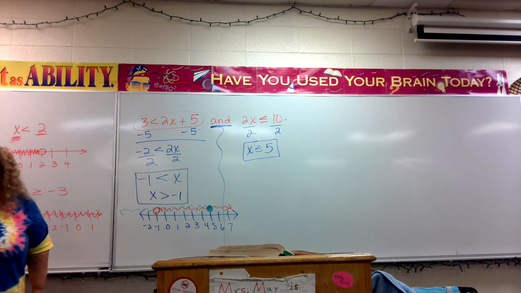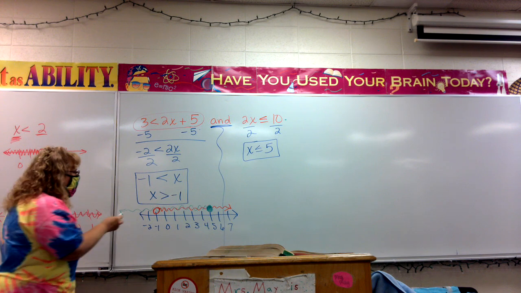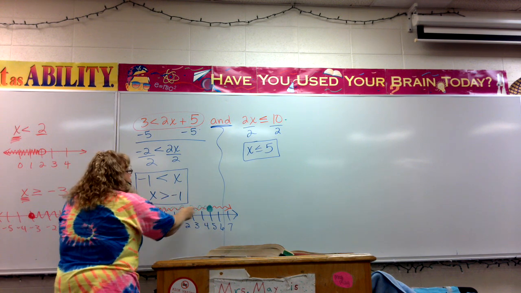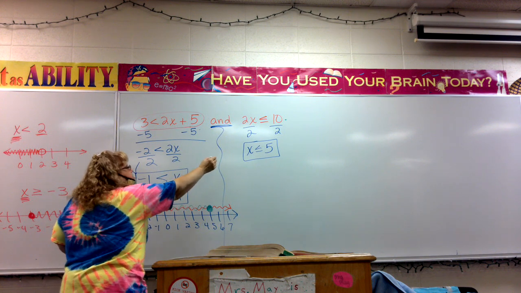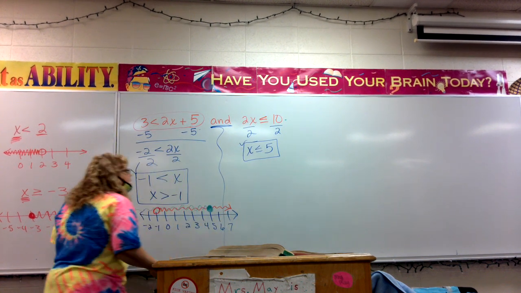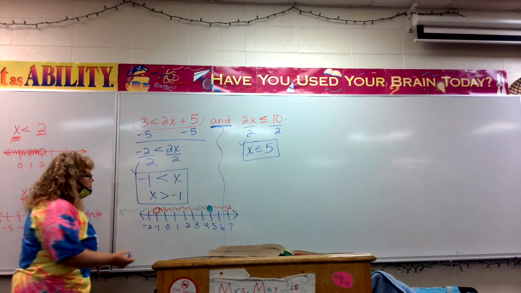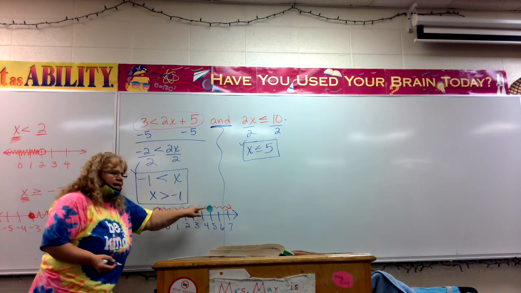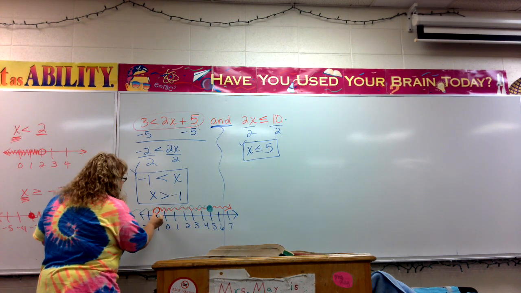So Madison says, where do you find numbers that will solve both? Where they overlap. All the red ones solve this. All the green ones solve this. And the numbers that solve both are where they overlap. So that's why I didn't draw it on my good number line, because I'm going to put it down here.